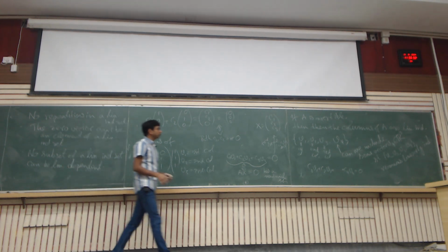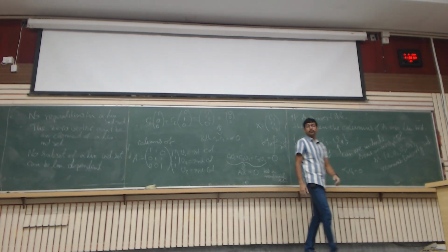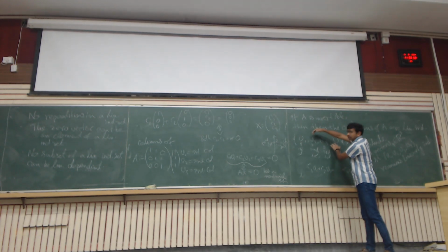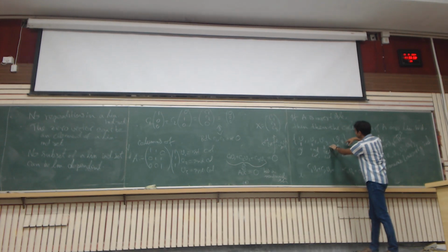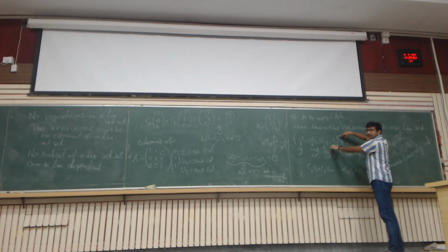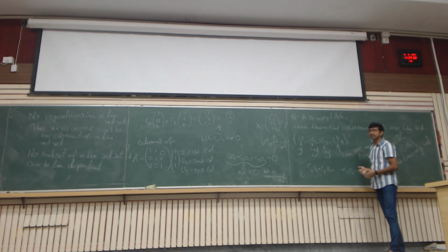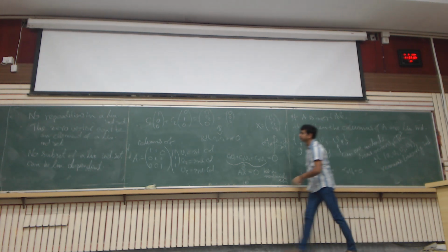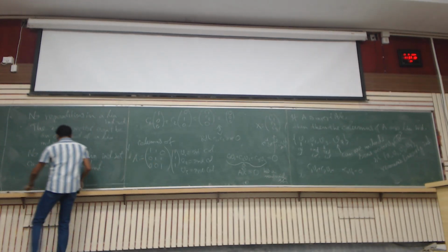So the next thing would be when we could add such a vector. Suppose you are given a linearly independent set V1, V2, V3, and now we want to add a vector V4 to it and still have a linearly independent set. When is that possible? It's a very small proposition, but quite a nice one.